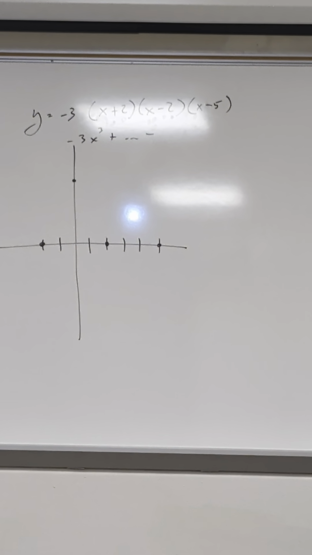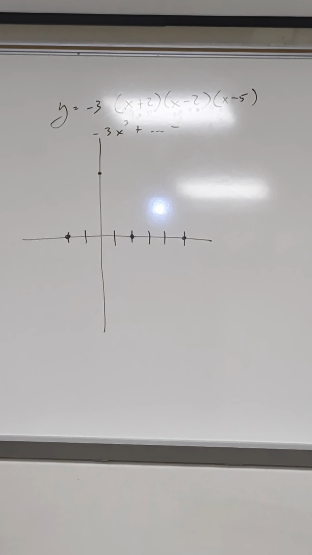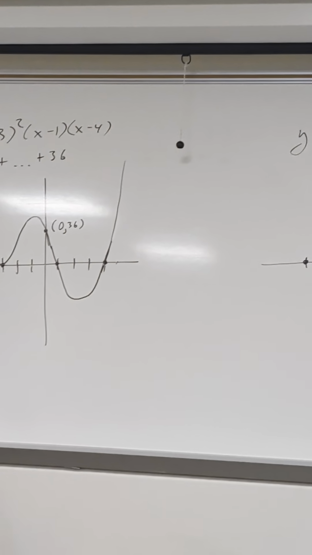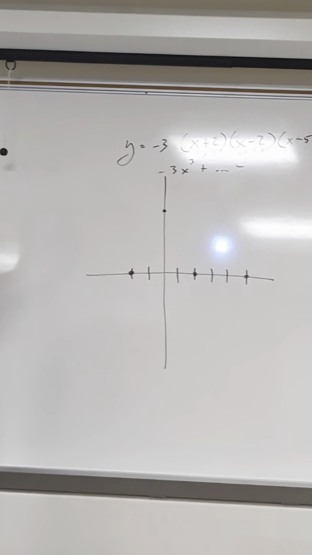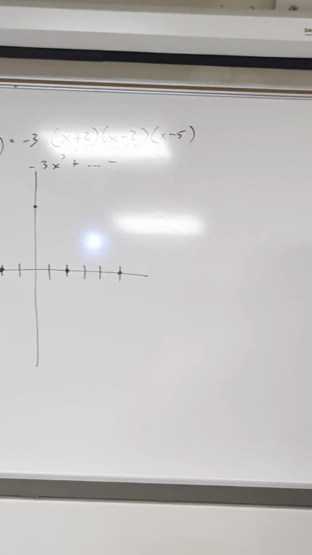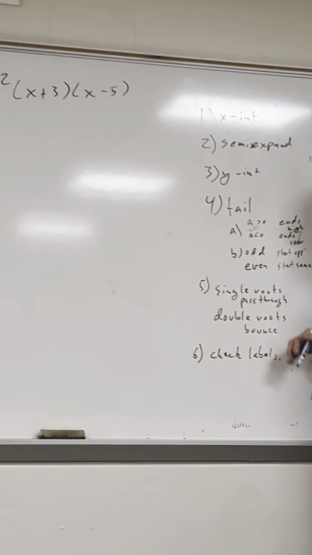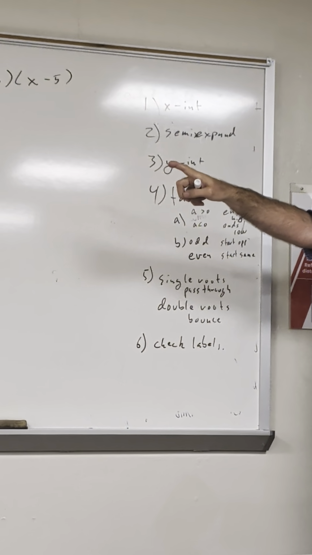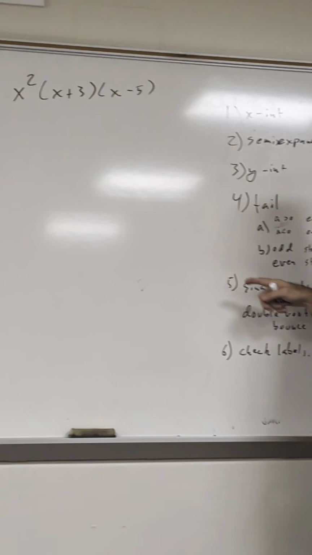Tail behavior. First time I indicated it this way. This time I'm going to do the alternative labeling. First coefficient is a -3. That's a negative, so it ends low.